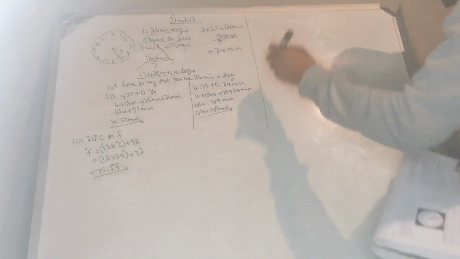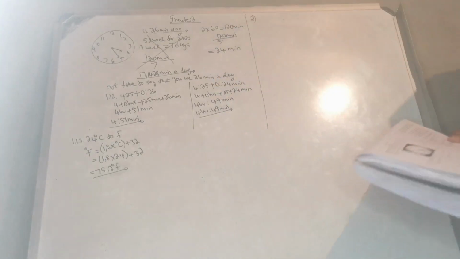Let's look at number 2. This is a very long statement. It requires that we break it down as slowly as possible.